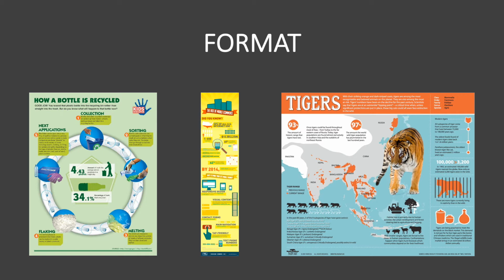So it's probably going to be smaller, so if you go to print it, that really wouldn't be as helpful. It's more likely to be used on a phone or on a computer, so you can scroll through it and take your time to look at it rather than just a poster where you can glance at everything. The format of the one in the middle is so you can just read the information as you're scrolling through, rather than in the poster, where you can look at the entire thing at once.